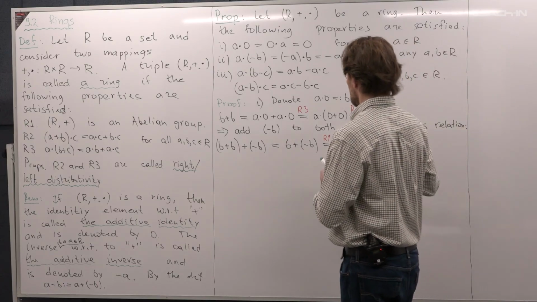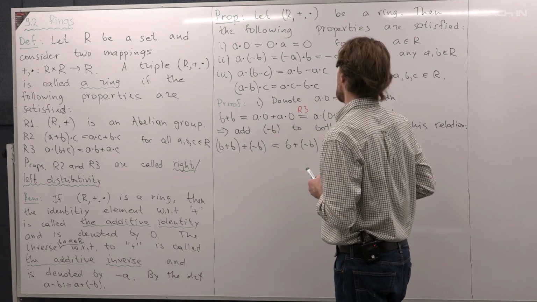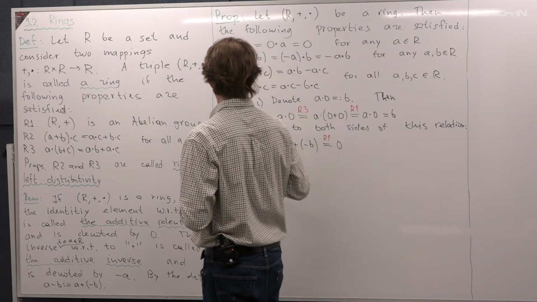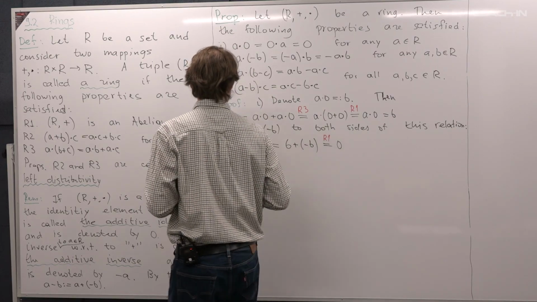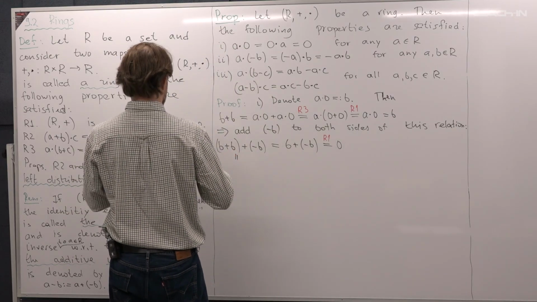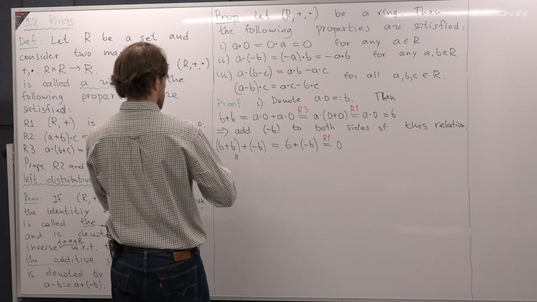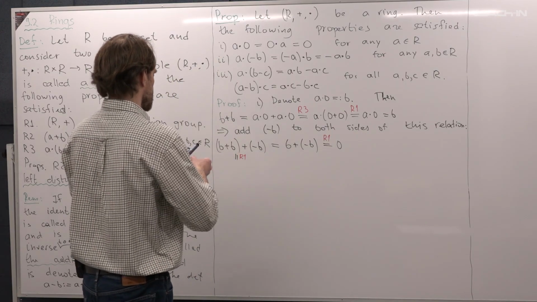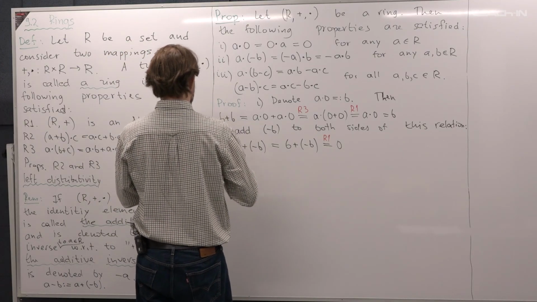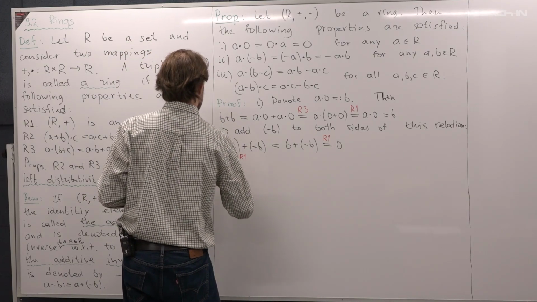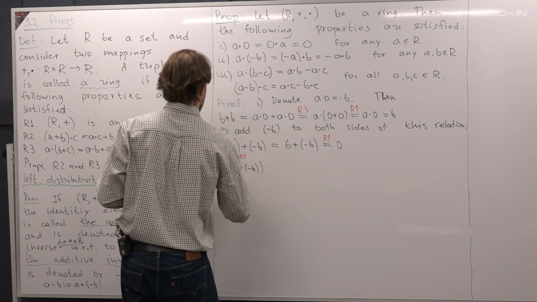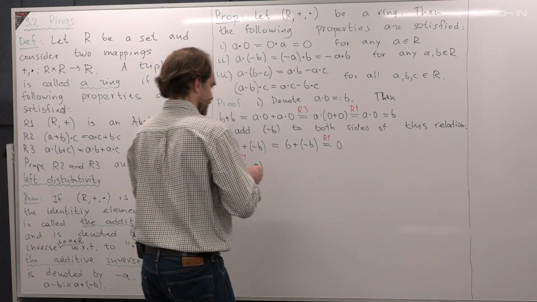So this is the additive identity, which is 0, and on the other hand, we're going to use the associativity property, which is also included in R1. So this would be b plus (b plus minus b). Once again, we're using this property.